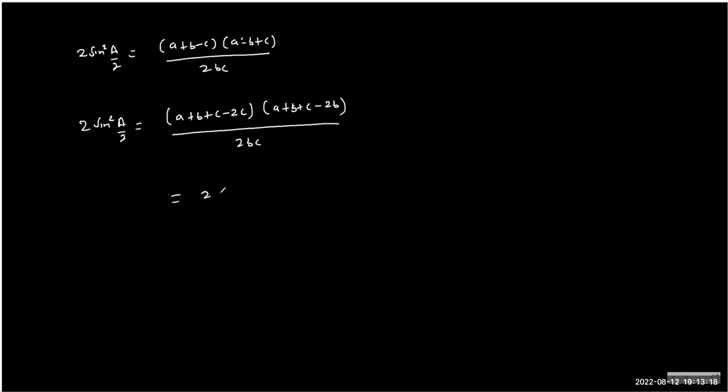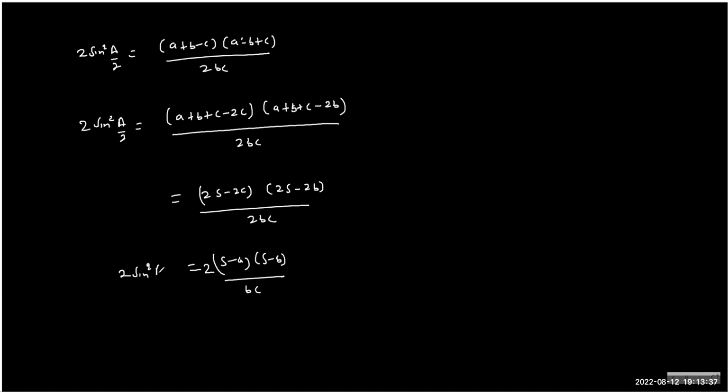Now you can see this is 2S minus 2C and 2S minus 2B upon 2BC, which becomes (S minus B) into (S minus C) upon BC. The 2 will cancel out, and we got sin(A/2) equals how much?